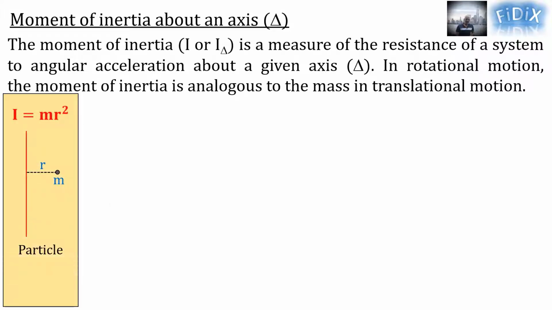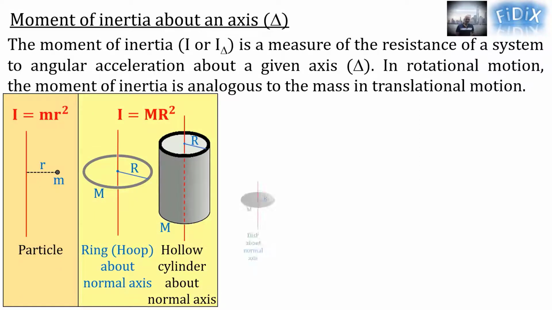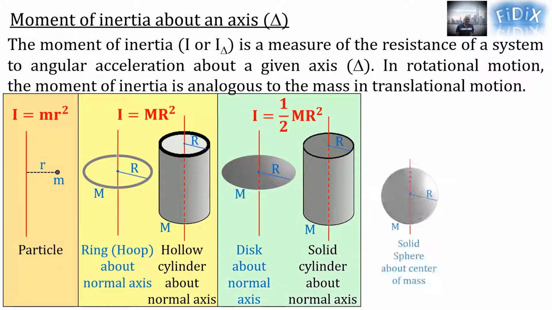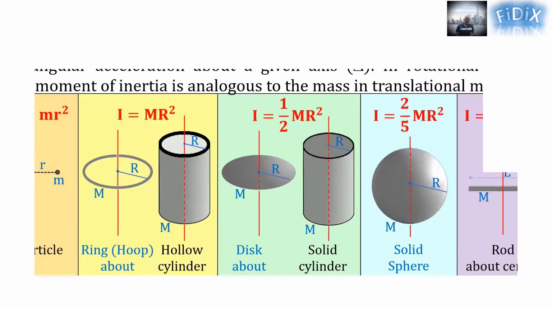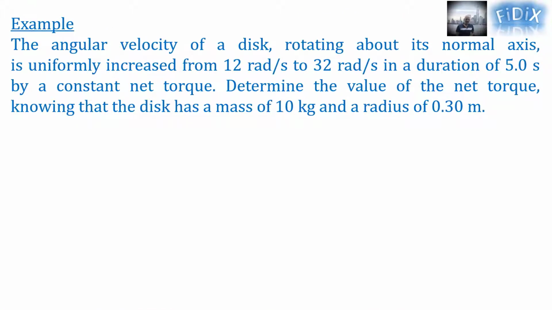Here are some examples of the moments of inertia about some specific axes of a particle and some solids, where m in the formulas is the mass of the system, r is the radius, and L is the length of the rod. In the International System of Units, m is expressed in kilograms, r and L in meters, and I in kilogram meters squared. Now let's work the following example.